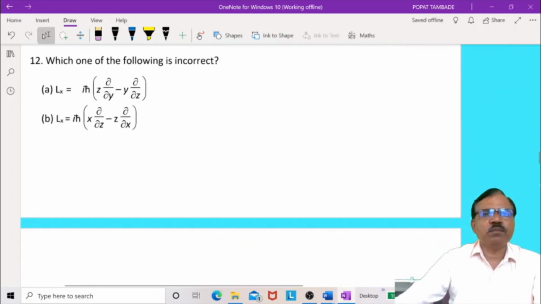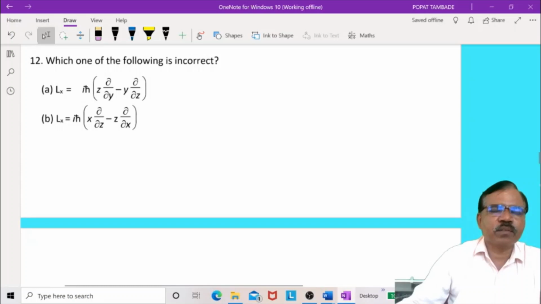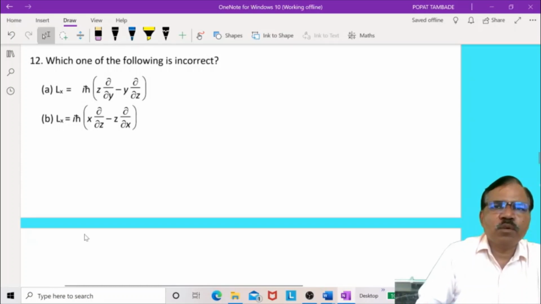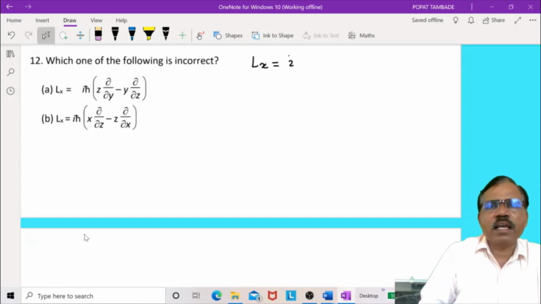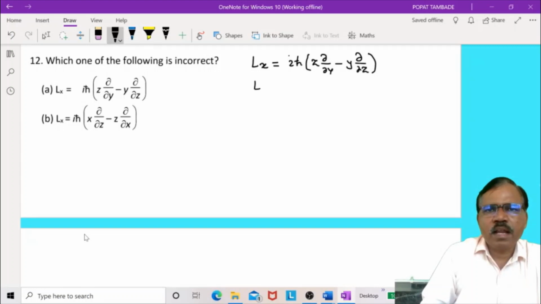Now which one of the following is correct? Now the angular momentum operator components are given as Lx is iħ, then here first we take Z, ∂/∂y, then minus y ∂/∂z. So see the order here. Then Ly. If we have Ly, we take here iħ.